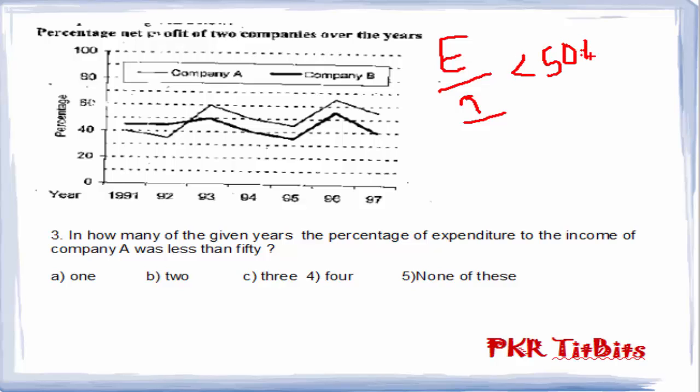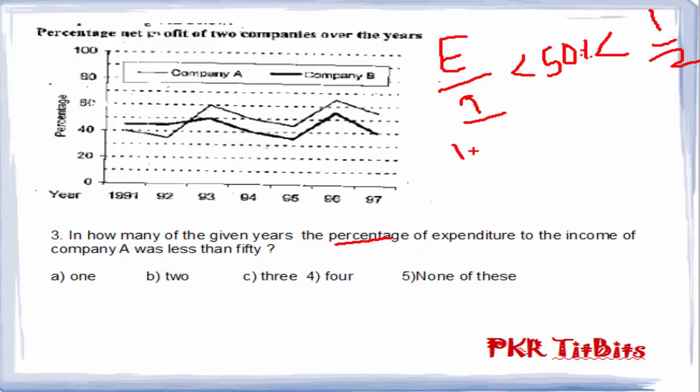Since they gave it as a percentage, we can write it as 1 by 2, 50 by 100. We have the formula E equal to I into 100 by (100 plus profit percentage).